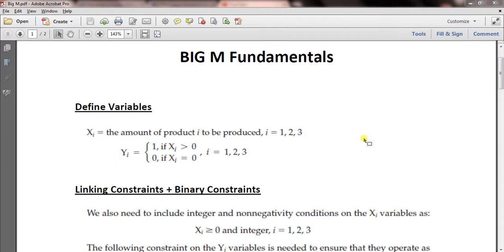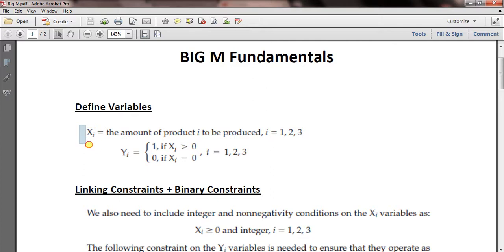Now coming to formulate this, it has two parts. The variable definition. As we said, we have two things in mind, how much to produce and whether to produce or not. So in earlier simple cases, we just had number of units or amount or some fixed per units as a decision variable.